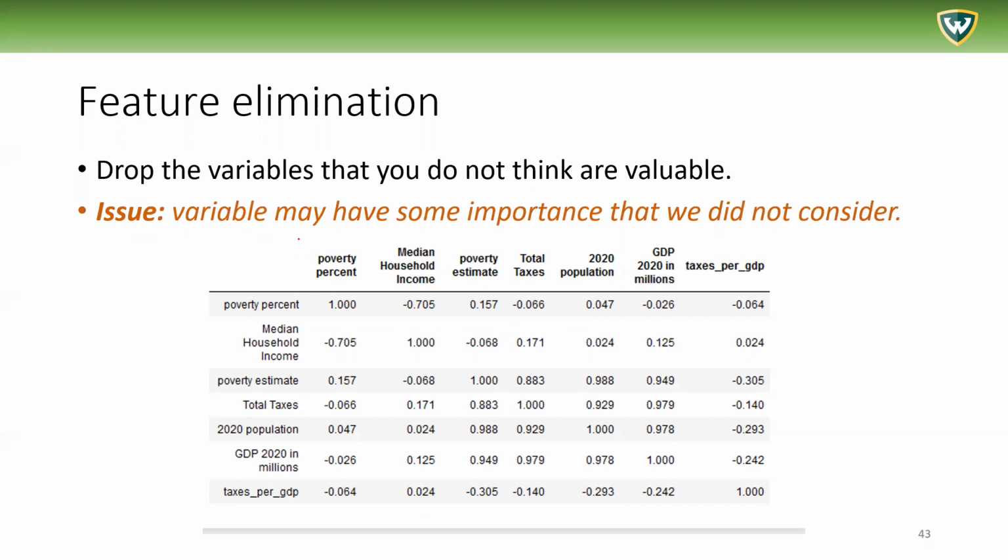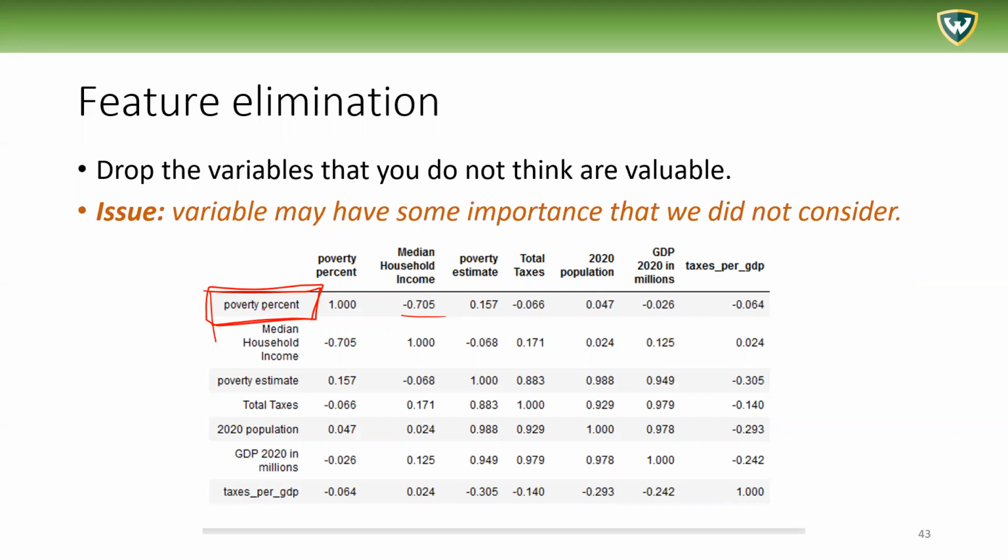Actually, we may learn about feature elimination from that exploratory correlation matrix that we did. Let's say we're concerned about poverty percent, poverty level. You can see that some of these measures are related to it. Median household income looks correlated. It's a very high correlation, 0.7 with poverty percent.